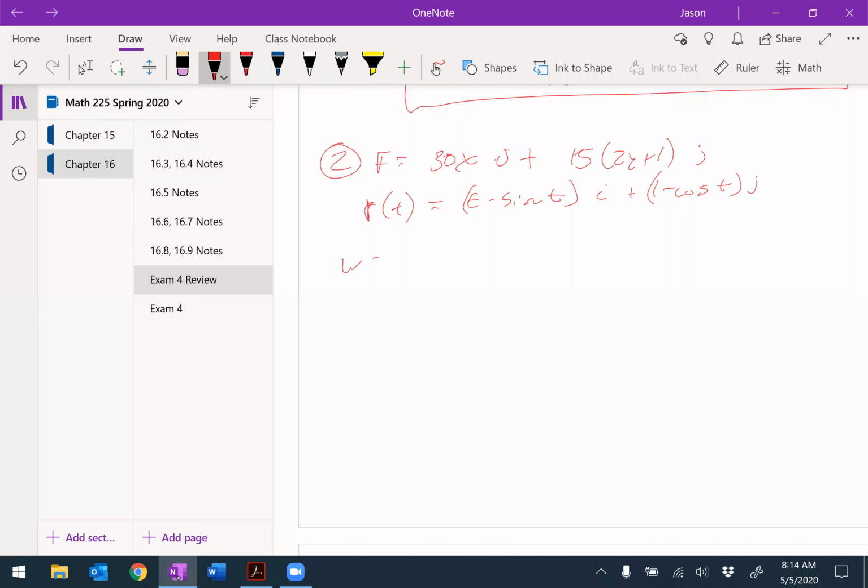So we want to find the work done, which is the line integral f dot dr. Now keep in mind that you want to know if this is a dr or a ds. dr is for work, and that's going to be a different evaluation than if I have ds. ds is for a line integral in which we're using the arc length formula. For dr we've already parametrized things, and so we don't use the arc length formula for that. We don't do the square roots.